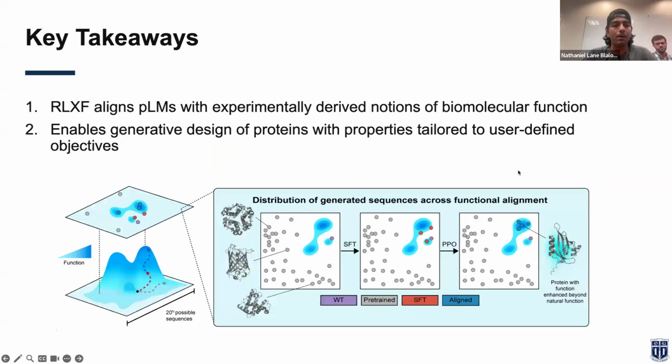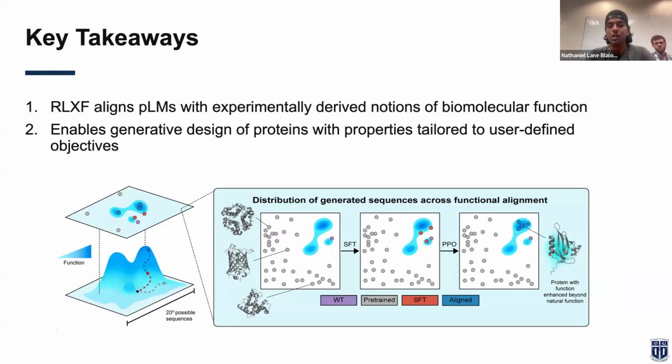So just to wrap up, I just wanted to reiterate the fact that we have been talking about an algorithm called RLXF, or reinforcement learning from experimental feedback. And the entire premise of RLXF is to inject pLMs with a notion of biomolecular function, which right now in zero-shot design is oftentimes missing.